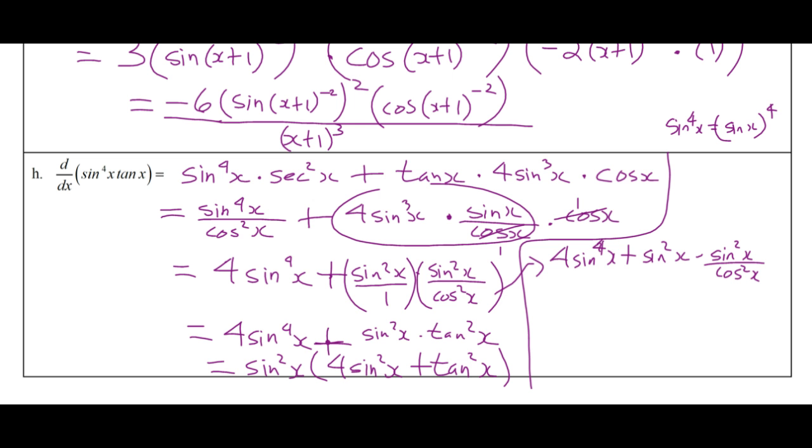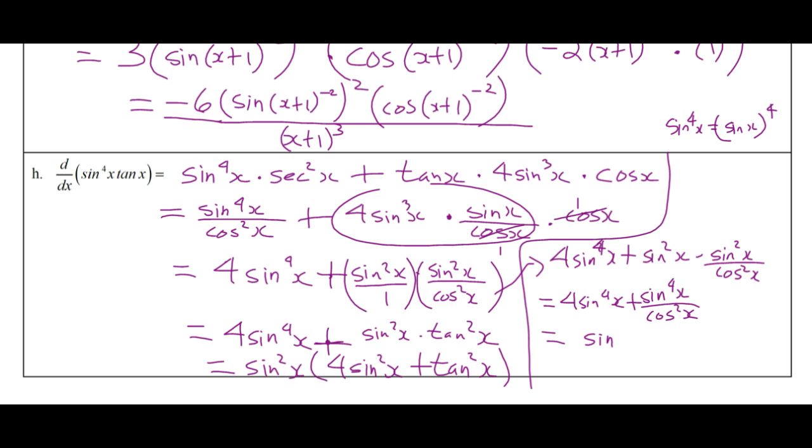Where can we take this from here? Well, we've got 4 sine to the fourth x, and we've got sine to the fourth x over cos squared x. Maybe this line should have just come down to here, whatever.